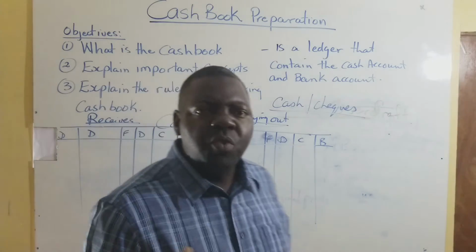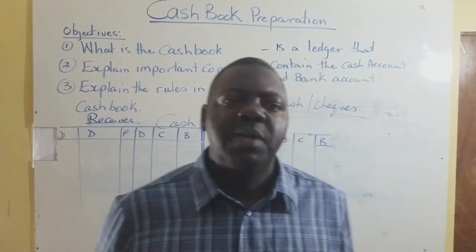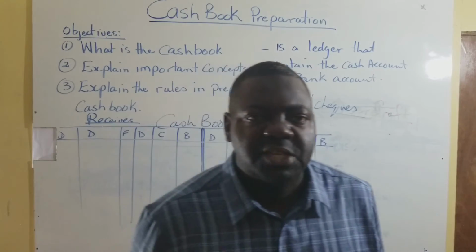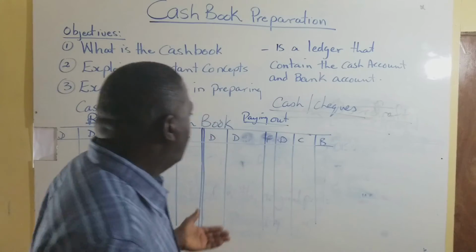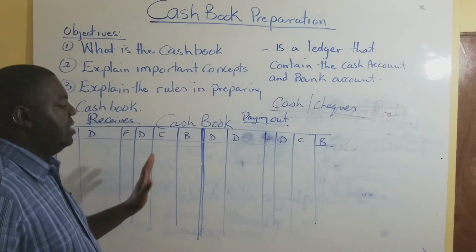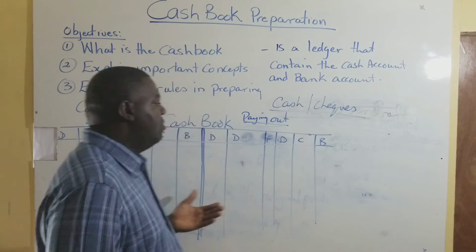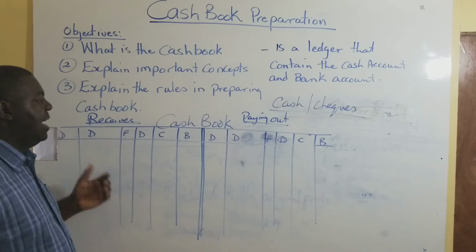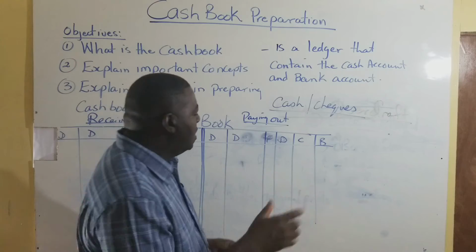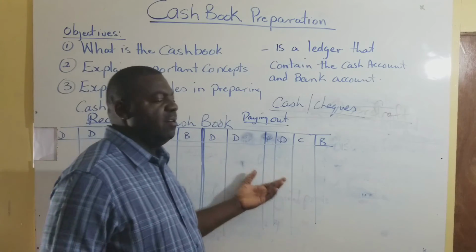So once we are reading the transaction, we're reading to determine whether the money is coming in or the money is going out. When the money is coming in, we record the information on the debit side. When the money is going out, we record the information on the credit side.